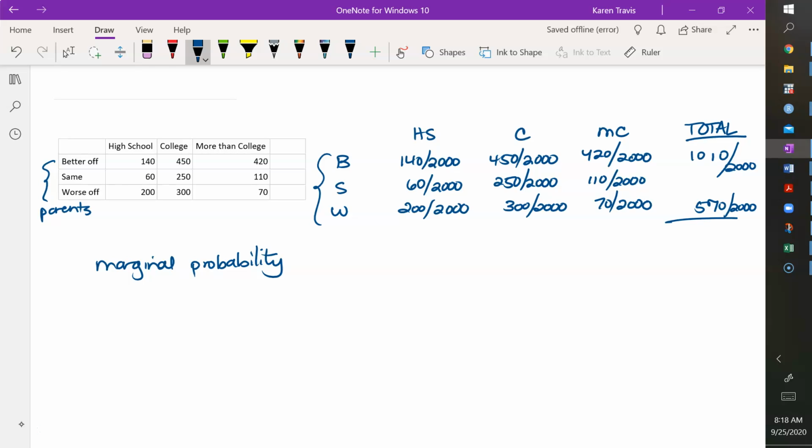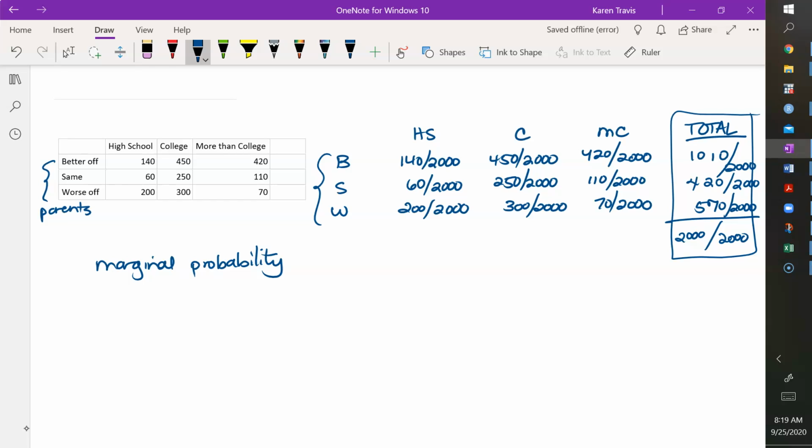And the remaining is everybody out of 2,000, which is 420 out of 2,000. Okay, so what are marginal probabilities? These are marginal probabilities because they only take into account the answers for better off, same, or worse off.